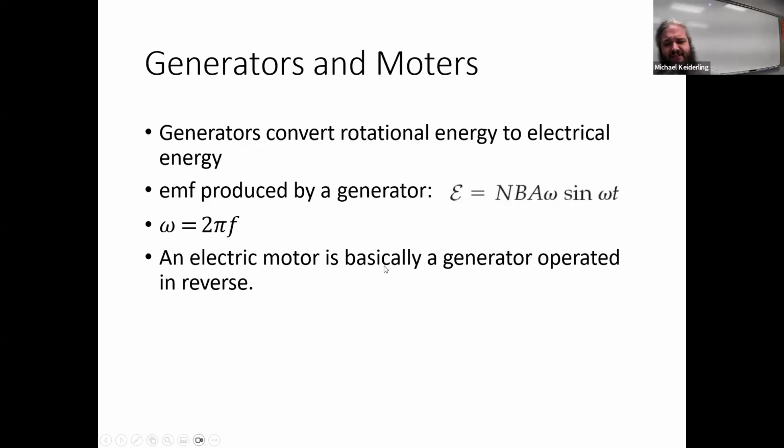And an electric motor is basically a generator operated in reverse. There are some subtleties, but they don't really matter for this class. There are other ways to do motors and generators, but this is sort of the basics.